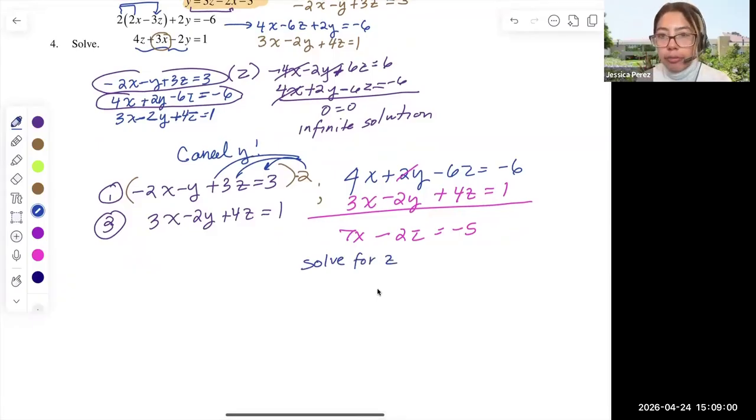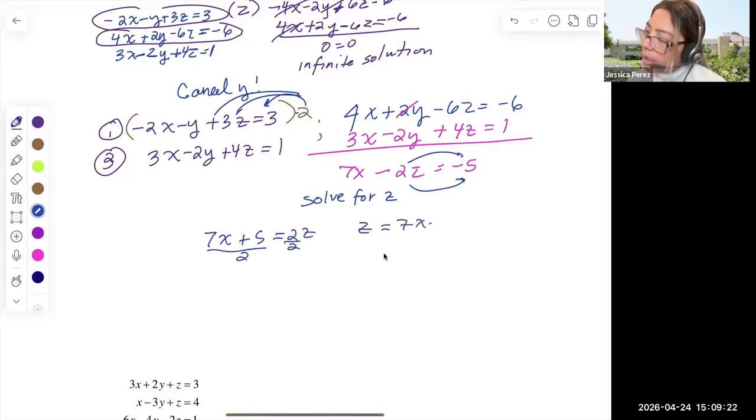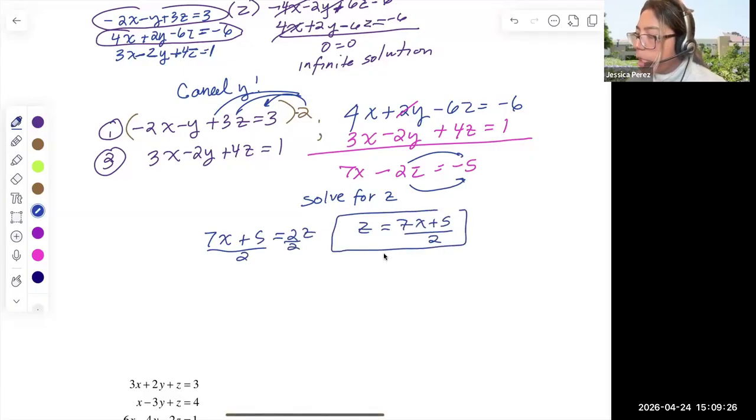I'm going to solve for z for both of these cases. So I'm going to bring it to the other side. I have 7x plus 5 equal 2z. Divide both sides by 2, and I get z to be 7x plus 5 over 2. So I know what z is.